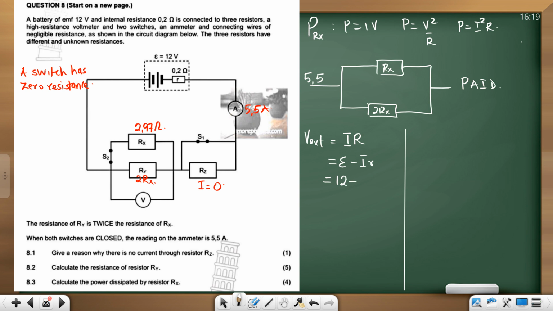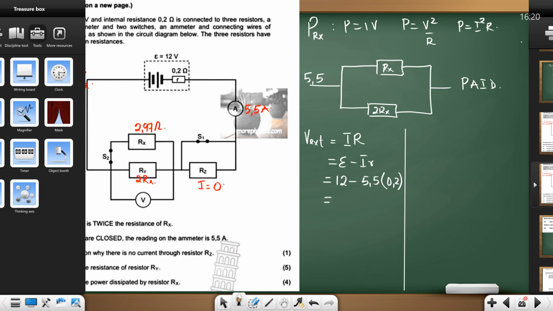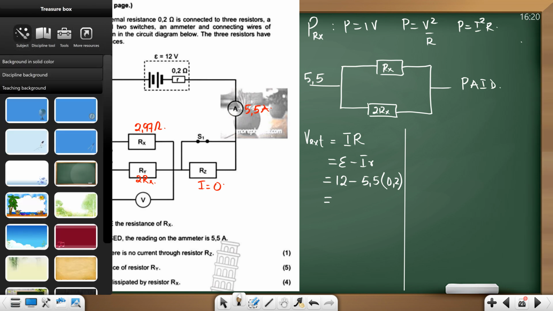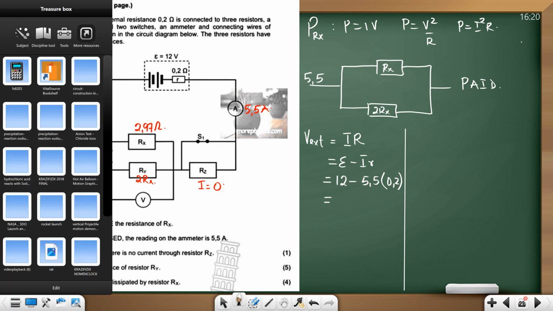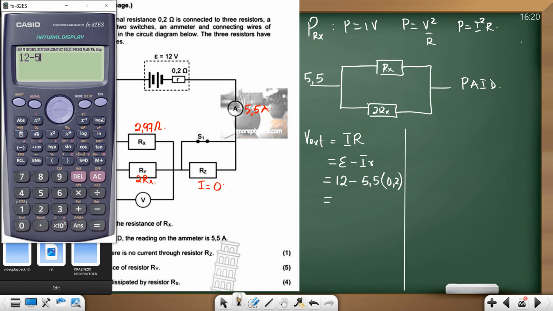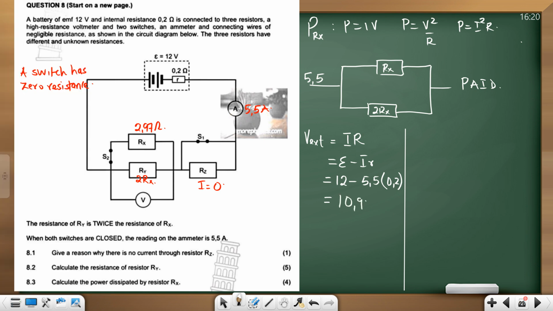Look at this: 12 minus 5,5 multiplied by 0,2. What is 5,5 times 0,2? Isn't that 0,11 or so? Some of us have gotten the answers already, but I want to show you different things so that in case you come across that in other questions, you are able to see. All right, 10,9 volts.